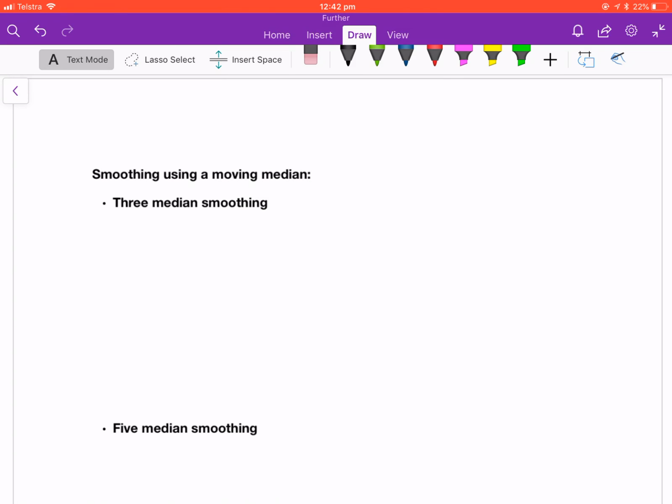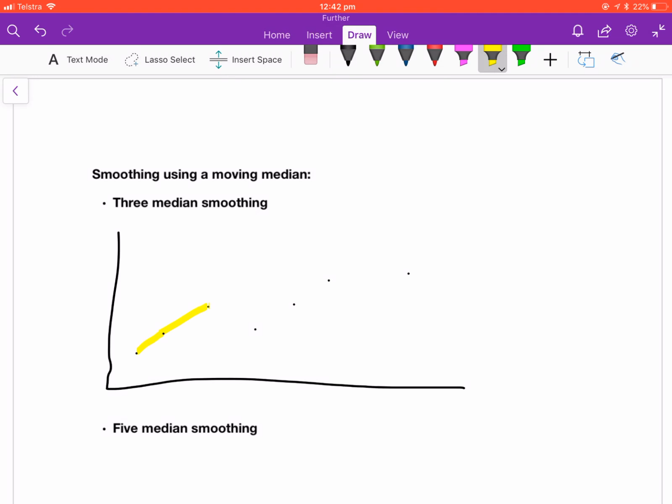Now we'll move on to smoothing using a moving median. Smoothing using a moving median is easier than smoothing using a moving mean, and it can all be done qualitatively, just looking at a time series plot. So if we've just got a few dots here on our plot, we connect them.